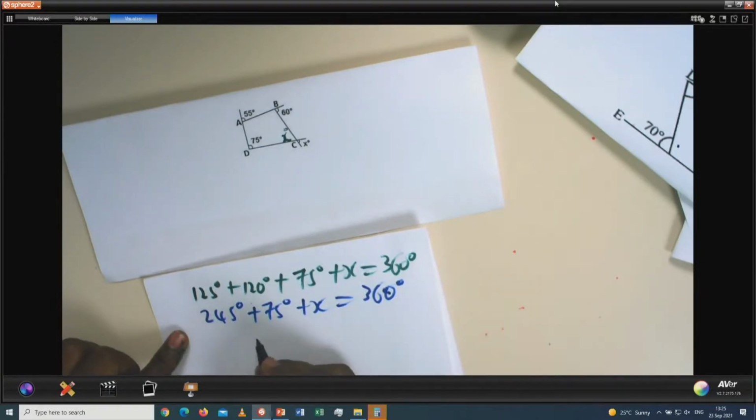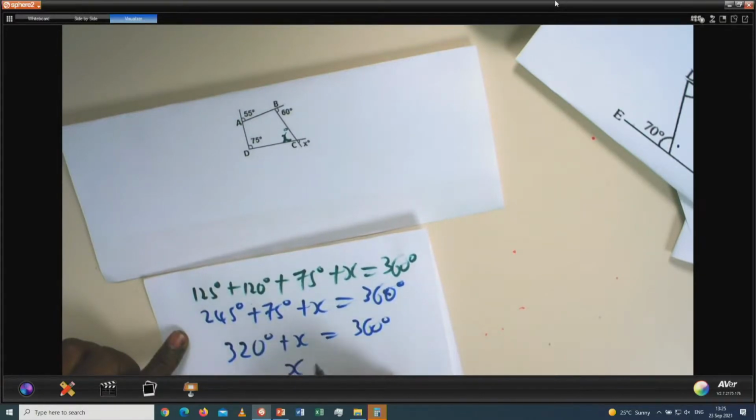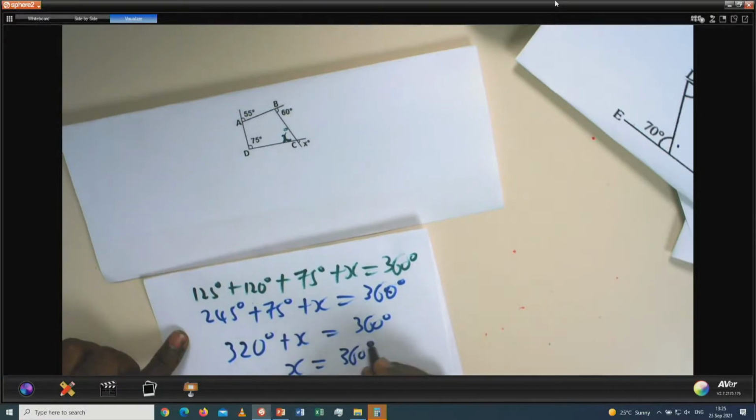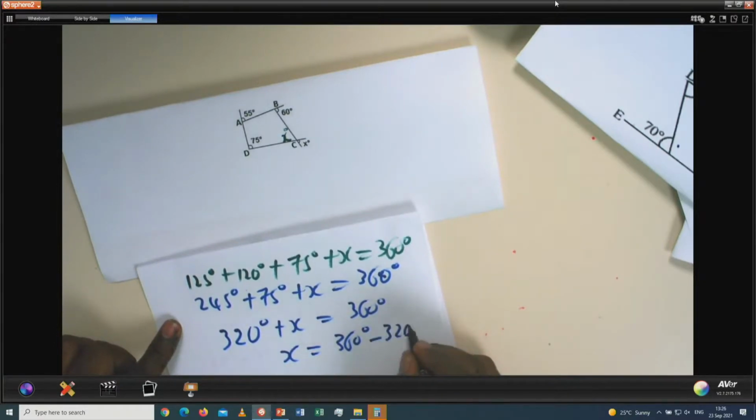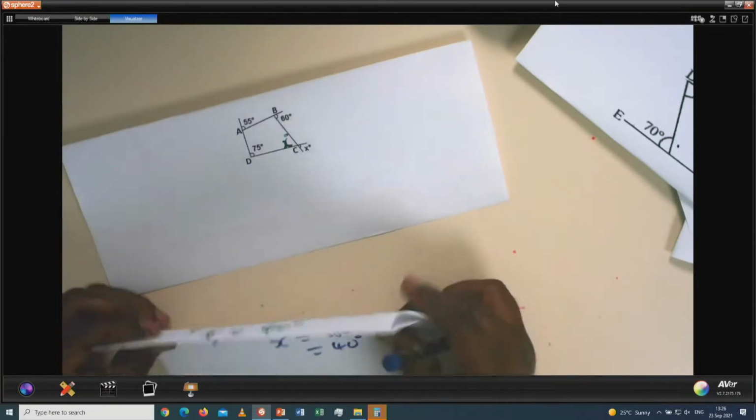Then 5 and 5 is a 10, a 12, and a 3, so 320 plus x equals 360 degrees. Therefore, your x is equal to 360 degrees minus 320 degrees, which equals 40 degrees.